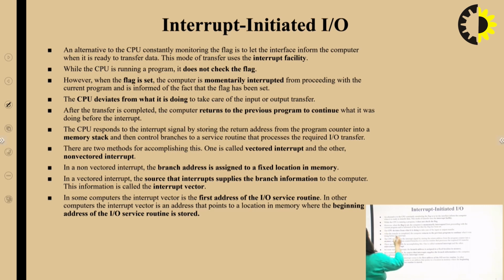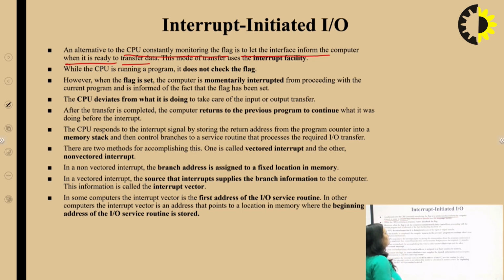This is an alternative to the CPU constantly monitoring the flag. Now the CPU will not check; the CPU will get interrupted, informed that the device is ready for data transfer. No need to waste the CPU's time again and again just checking the flag. The alternative to the CPU constantly monitoring the flag is to let the interface inform the computer when it is ready to transfer data.